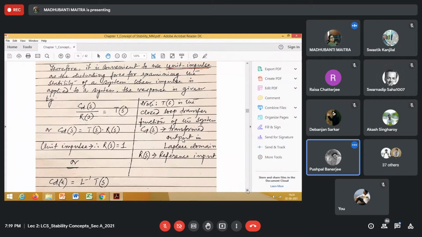Yes, ma'am. Okay. So actually what we want to observe is CDT, as time t increases, limit t tends to infinity, right? So that means the time response of the system, we are interested in finding out CDT.